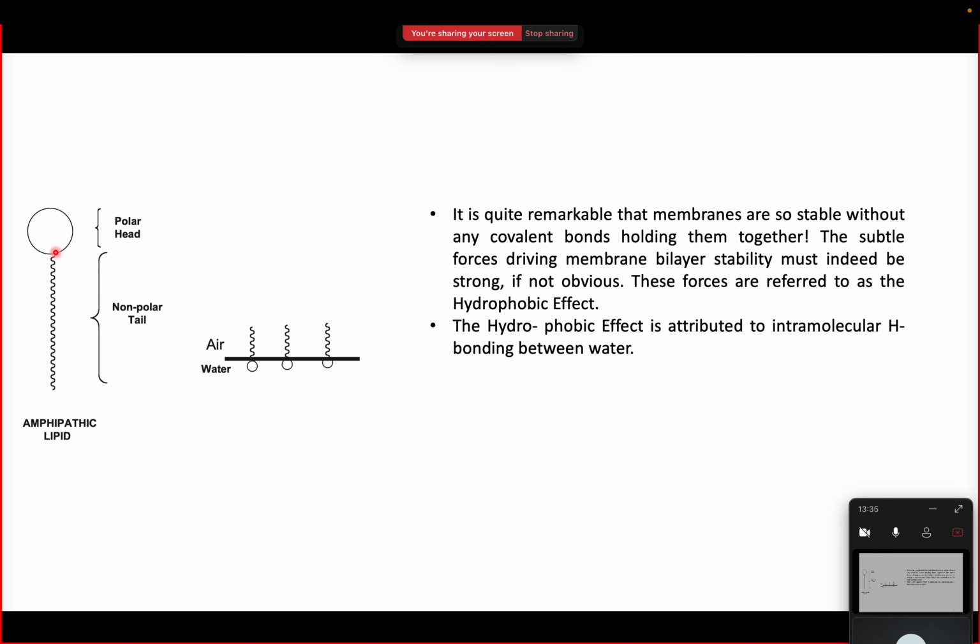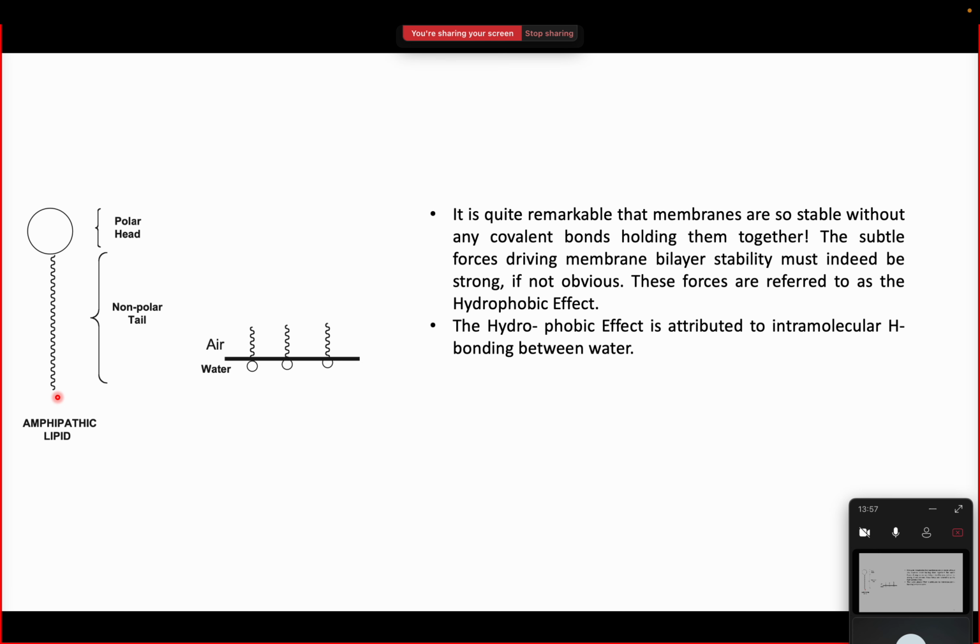If we look here, this round structure is called the head, which is polar in nature, meaning that it will be water favorable, water soluble, water loving, hydrophilic. On the other hand, there is this long zigzag representation called the tail.